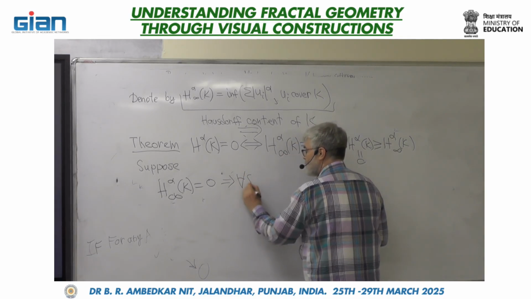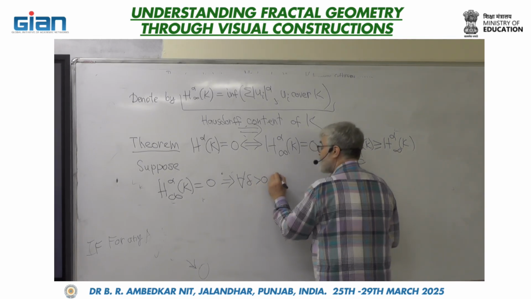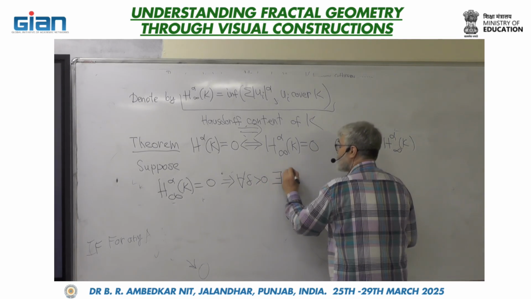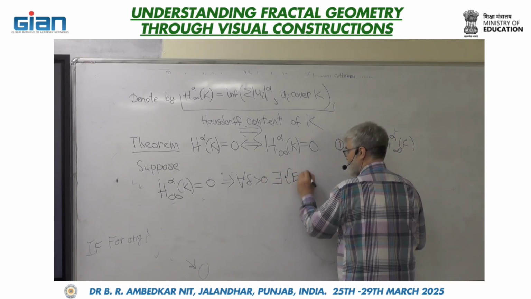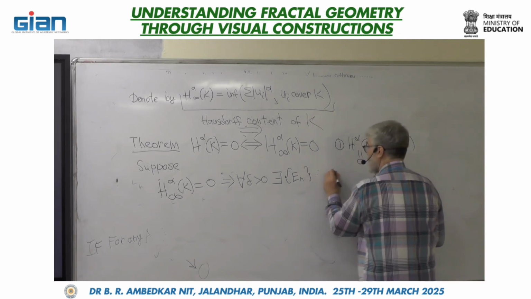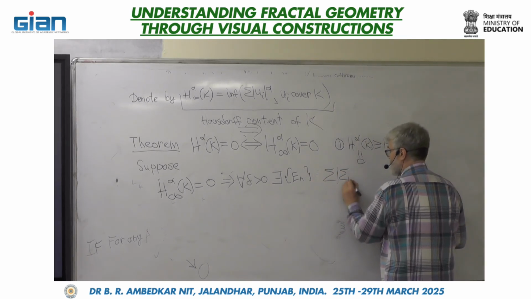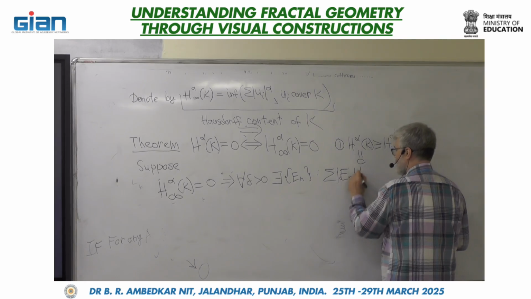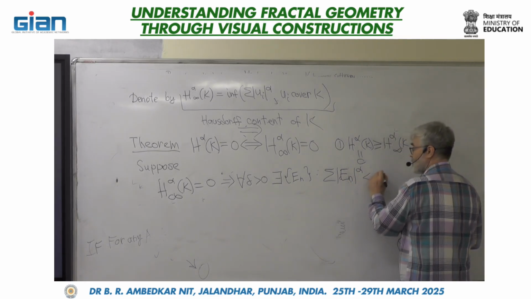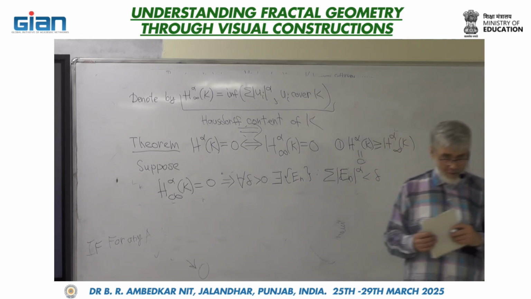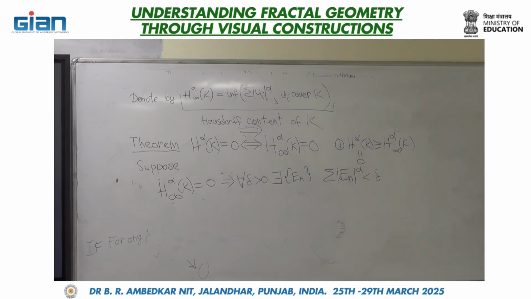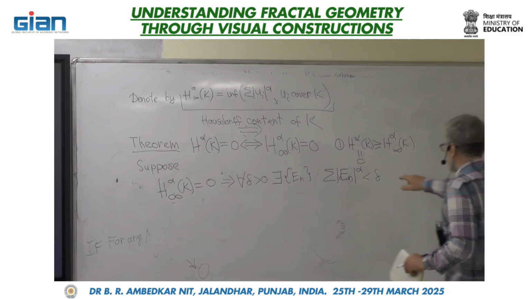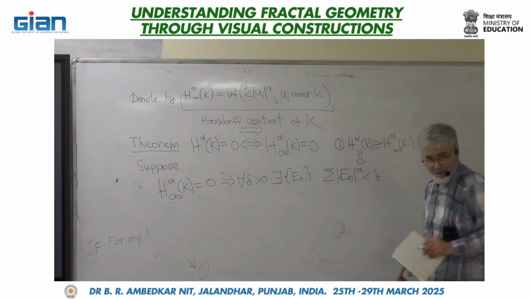For any delta more than 0, there is a family E_n of sets, a cover of K, such that the sum of diameters of E_n to the power of alpha is less than delta.